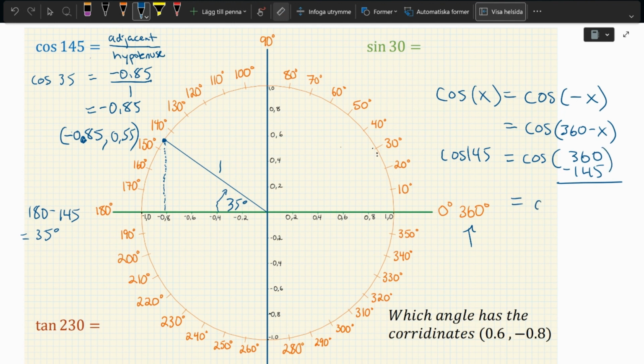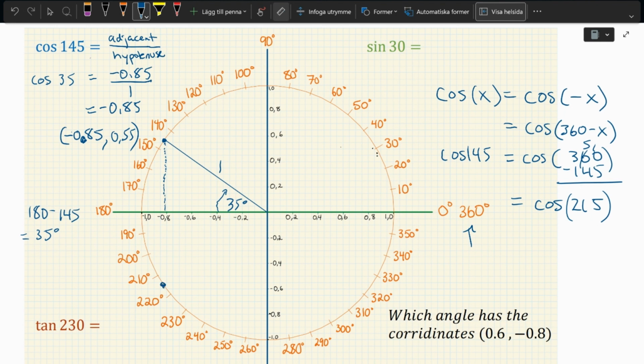And so, let's do some quick math here. We get 215 degrees. So the cos of 145 will also be equal to the cos of 215. We can see that 215 will be roughly here. We'll just estimate.